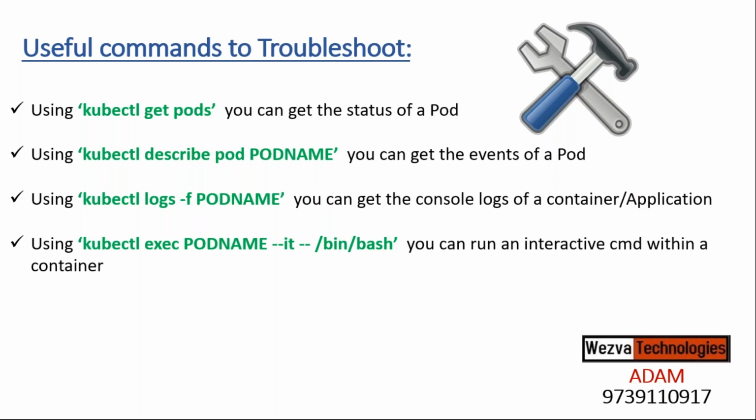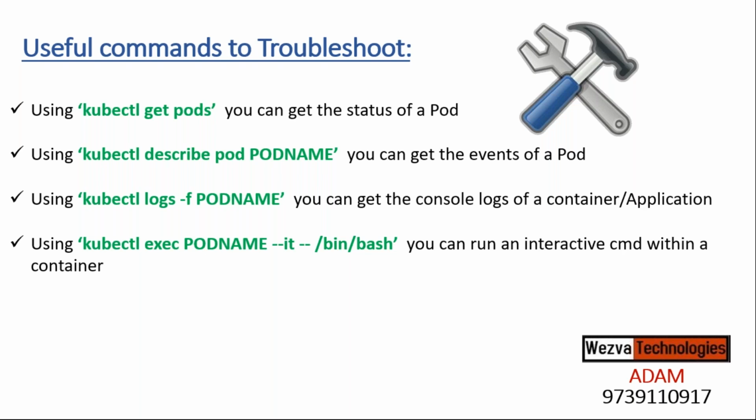And at last, sometimes there would be a requirement where you have to go inside the container and debug, because I want to check whether some particular file is available, or some particular process is running. If you want to debug any of those, then you should go inside a particular container.